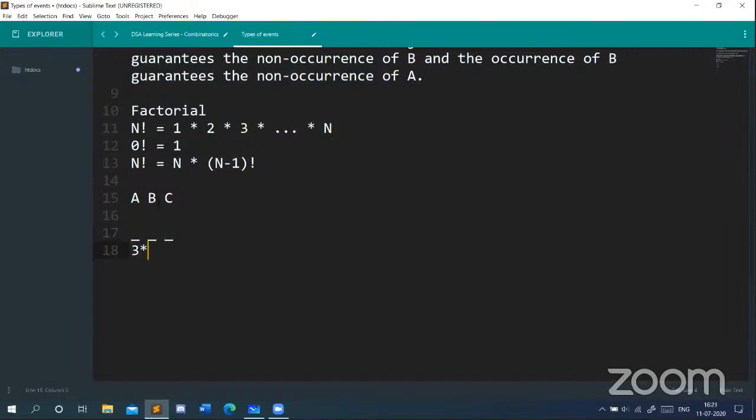So I have two choices in the second blank, and I multiply because these are independent events. And I'm left with just one choice here, so I multiply by 1, and I get 6 as my answer.